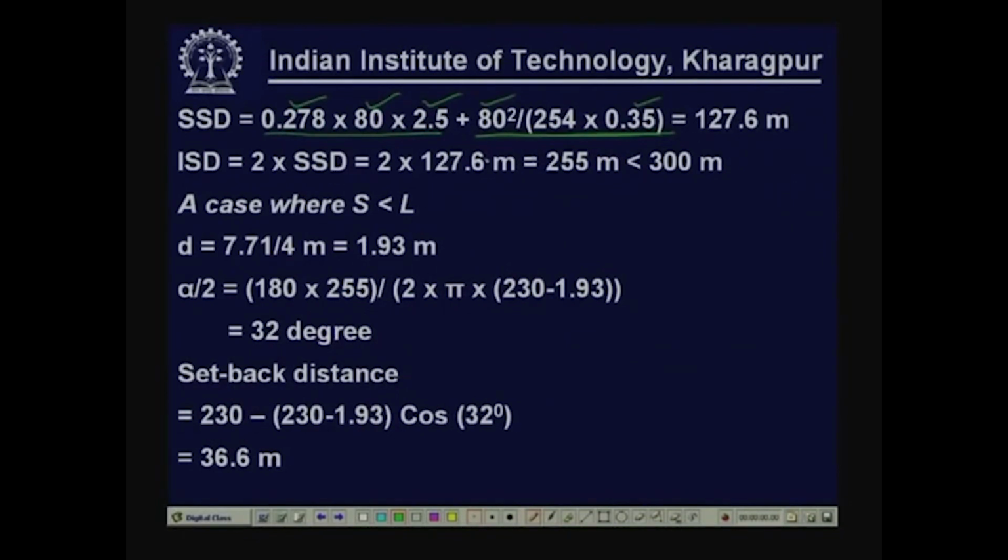So, we calculate this SSD as 127.6 meter. So, ISD is twice the SSD. So, therefore, it becomes 255 meter.